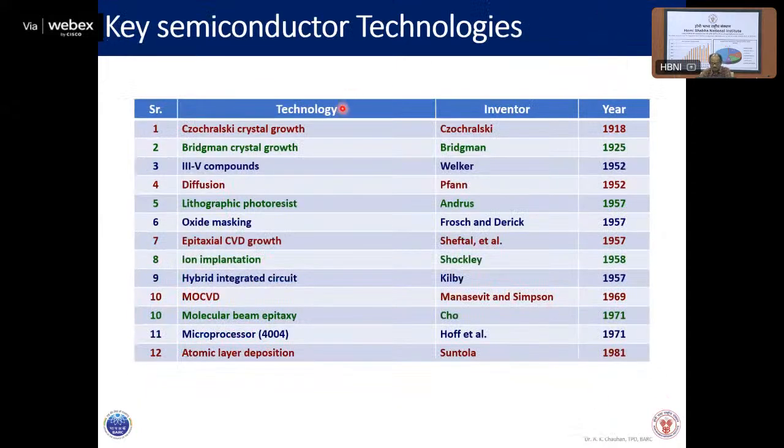And there are some important semiconductor technologies which have grown over the period of time. There is Czochralski crystal growth, which we will see in the 5th or 6th lecture, how to grow single crystals using this method. Then Bridgman crystal growth. Then the growth of III-V compounds, that is also crystal growth. Then diffusion, lithography, photoresist, oxide masking.